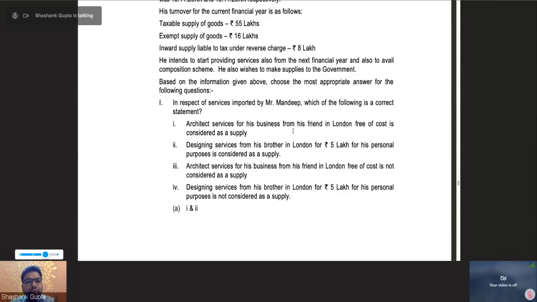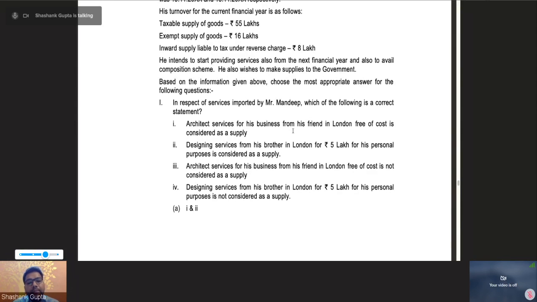So import of service for a consideration, whether or not in the course or furtherance of business, is to be treated as a supply. And hence, in this case, designing of services for rupees 5 lakh, this is a correct statement and this will be considered as a supply.